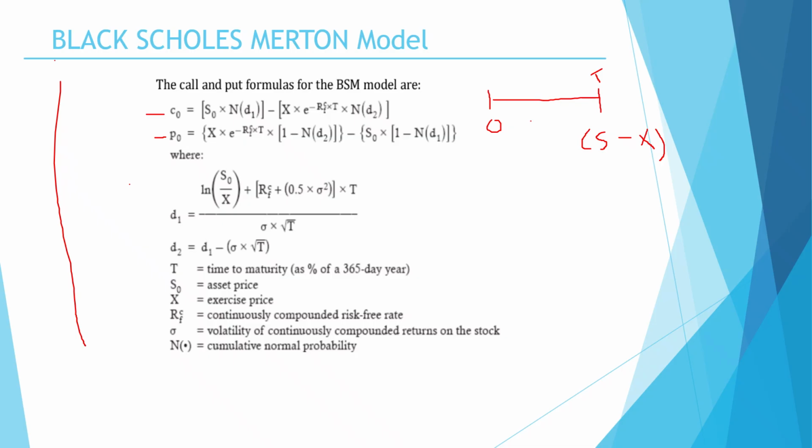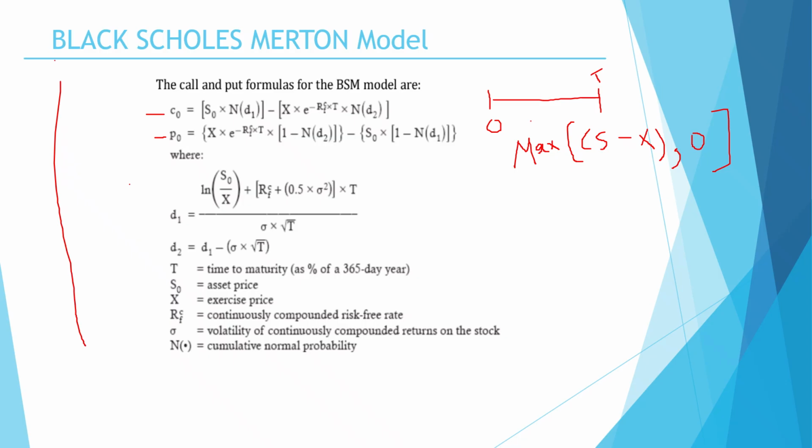Or if this is not positive, this is negative, then it is 0. So we can say that the payoff of the option is the maximum of this, which is the maximum of this.